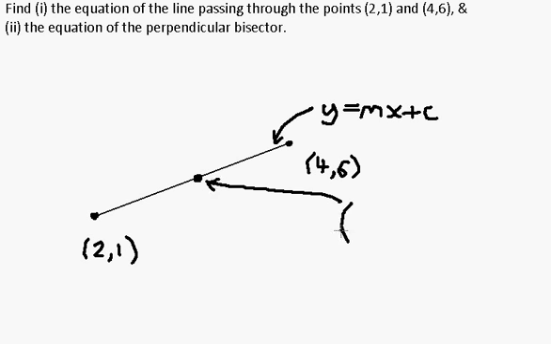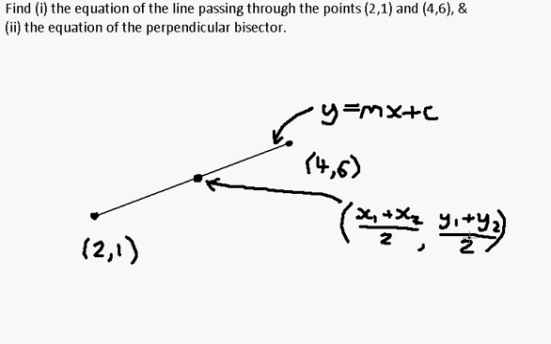The midpoint will be x1 plus x2 over 2, so you're finding the average of the two x coordinates, and y1 plus y2 over 2.